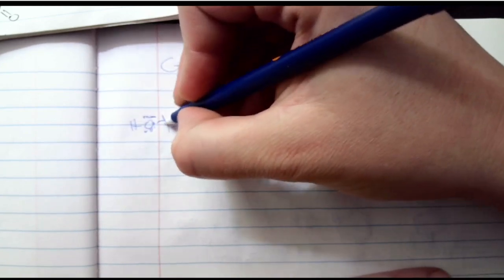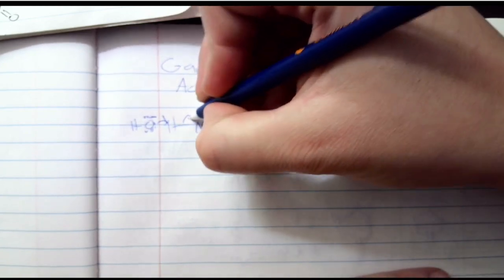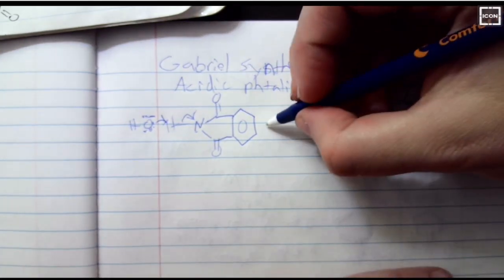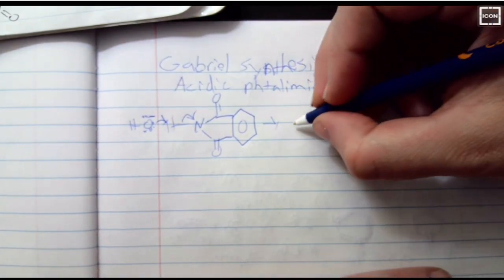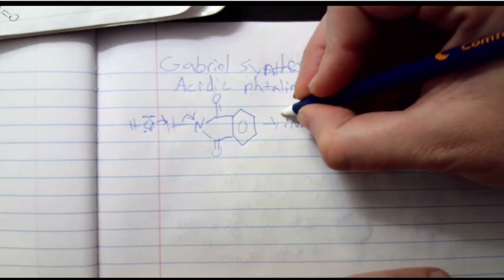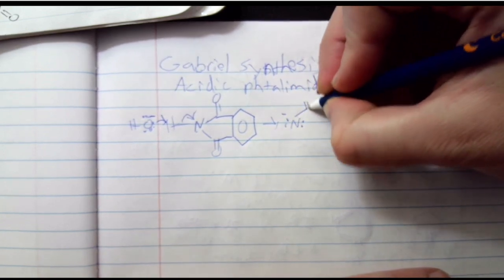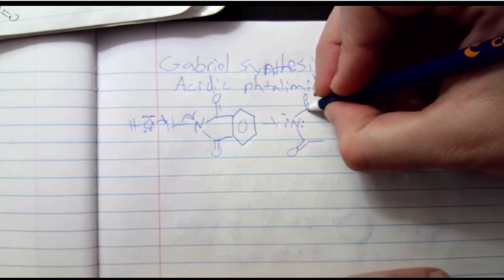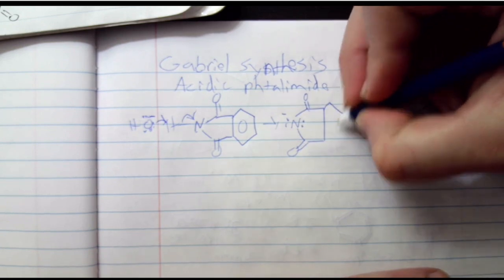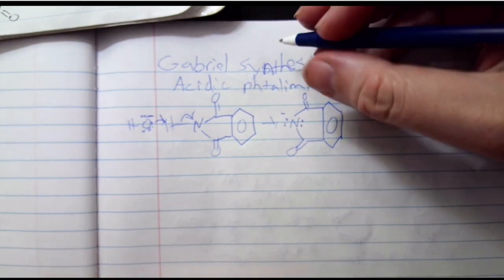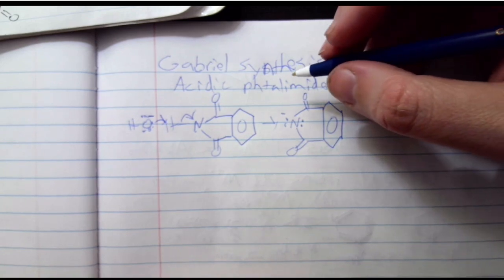So, take that, kick that off. We're going to form our basic amine, which is now a very good nucleophile. Because what do we say? If ammonia by itself is a good nucleophile, then now basic ammonia is even better.